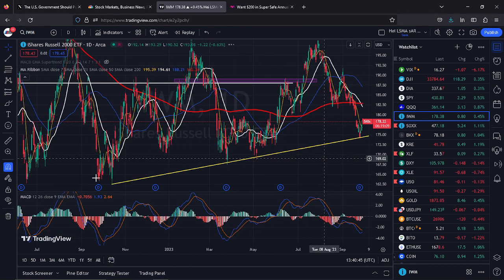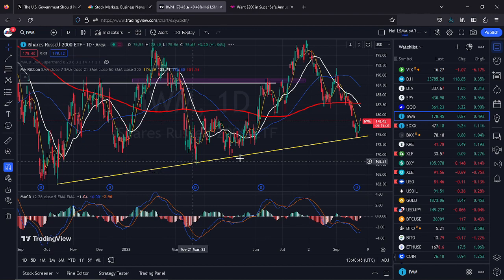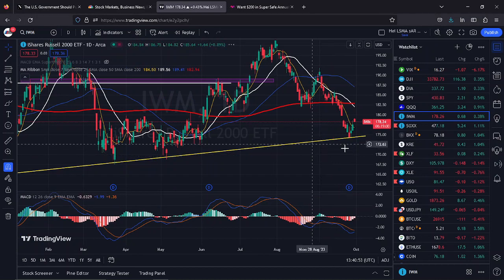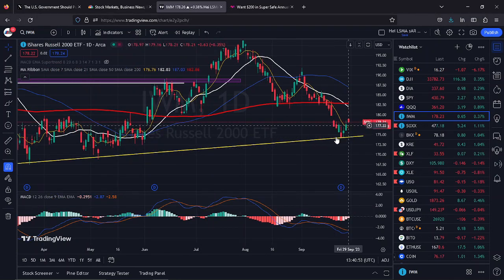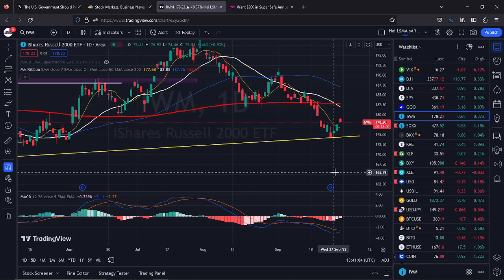Connecting 4 lows on the daily, and that's a nice resistance line, pretty much. And then it bounced off, rounding off, but still pretty heavy because it's below the 200 days moving average. That's the Russell 2000. IWM is the ticker symbol.